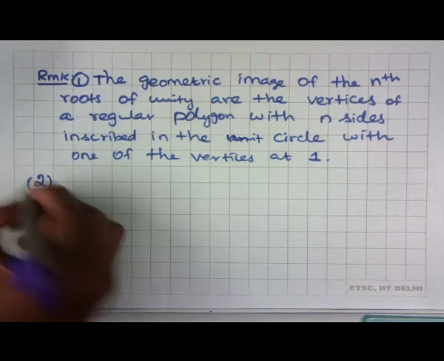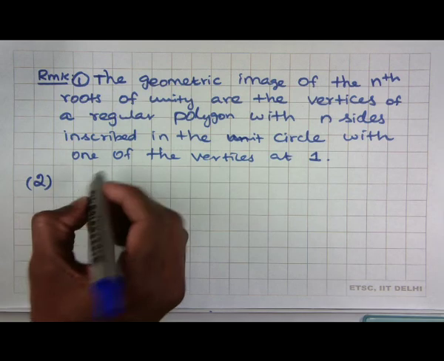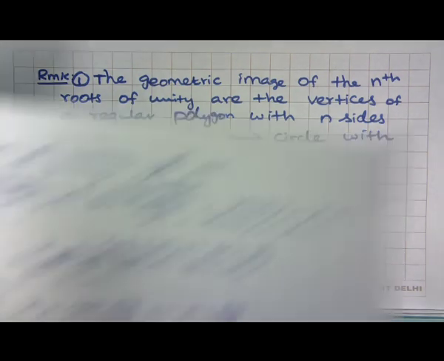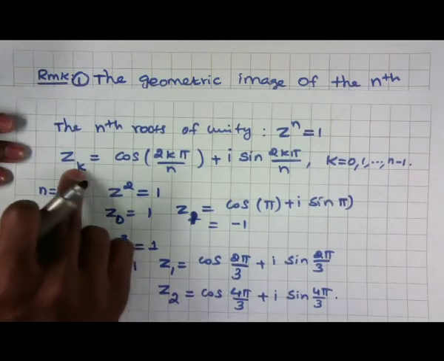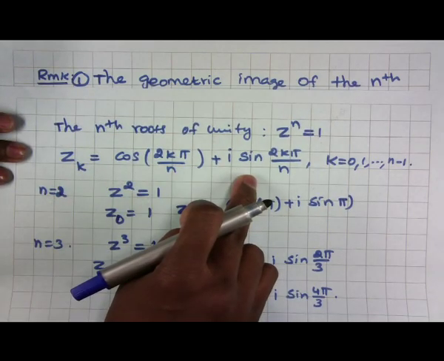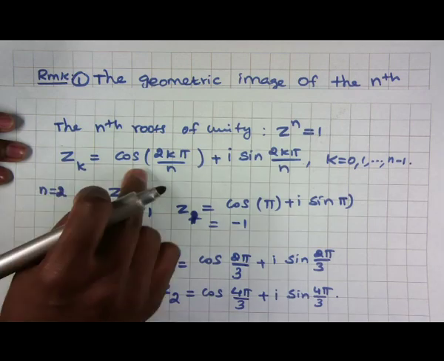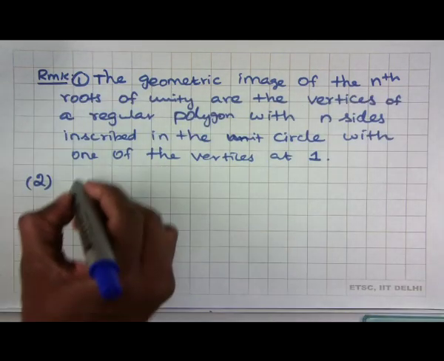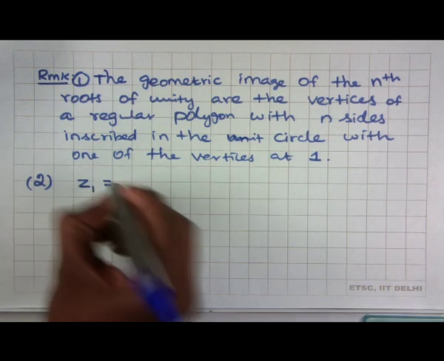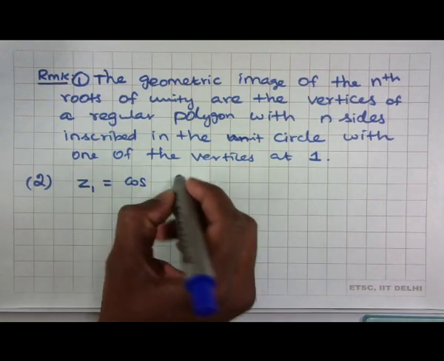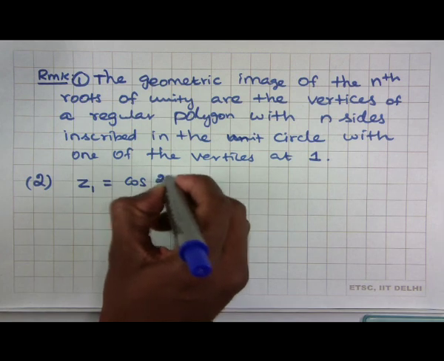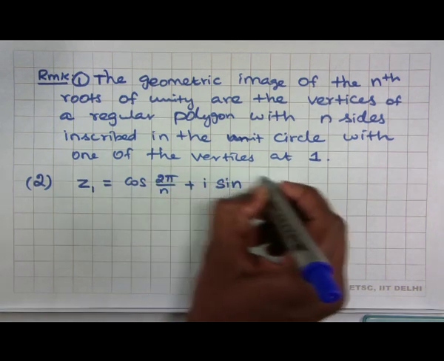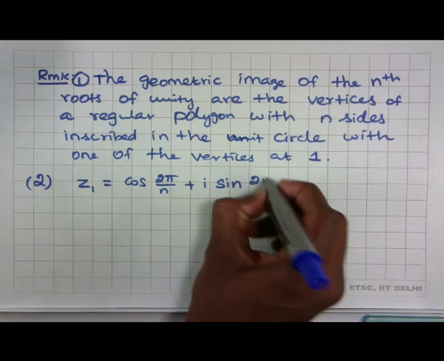Remark 2. If we look back at the definition of zk, k equal to 0 is a trivial one, that is 1, and let us consider z1. z1 is cos 2 pi by n plus i sin 2 pi by n.